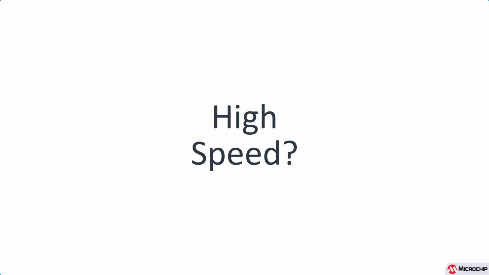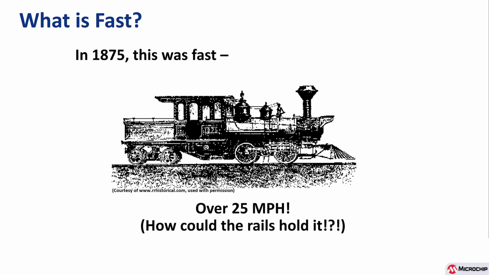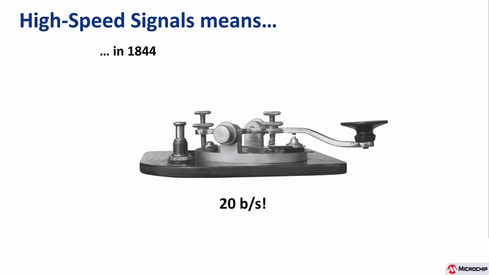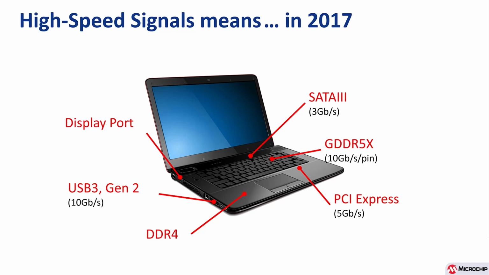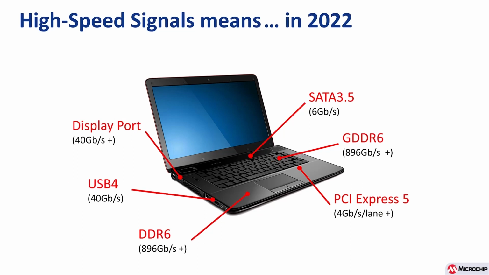So let's talk about your daddy's high speed and how today isn't that day. What is fast? In 1875, this was fast. In the signaling world, what does high speed mean? In 1844, this was high speed, 20 bits per second with a well-trained operator. That's pretty darn quick. In 2017, we went to DisplayPort, USB 3 Gen 2, DDR4, and PCI Express.